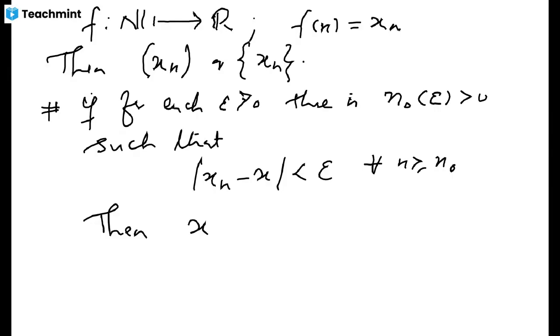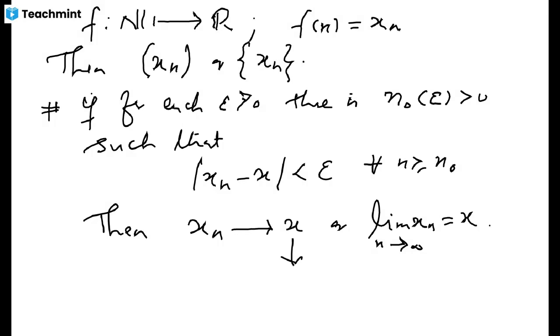How it is denoted, we usually write this in a notation as xn converges to x, or it is also written as limit xn equals x, or you may write limit n goes to infinity xn equals x, and in this case this x is called the limit of the sequence xn.